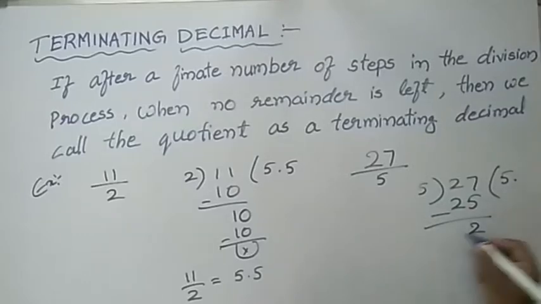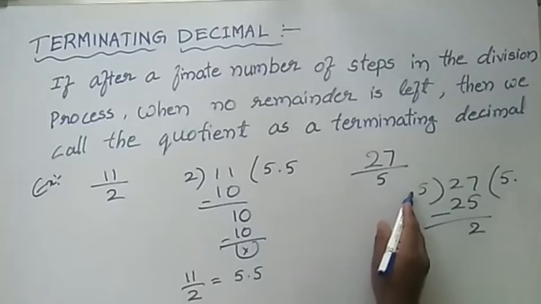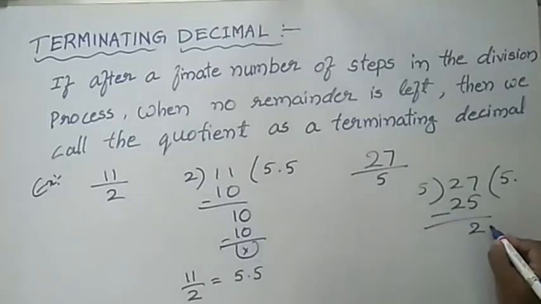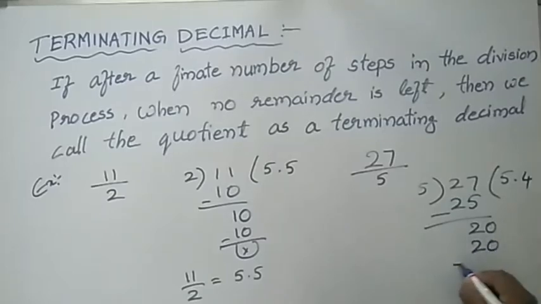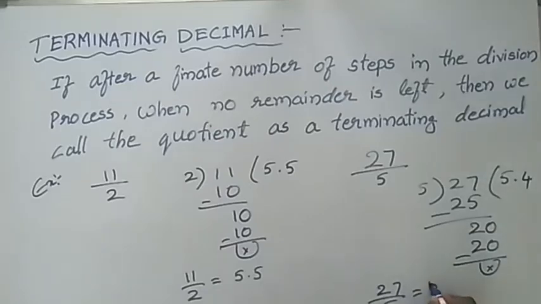Keep the decimal point because this number is less than the divisor, so you can keep here the 0. 5 4s 20. So 27 by 5 equals 5.4.